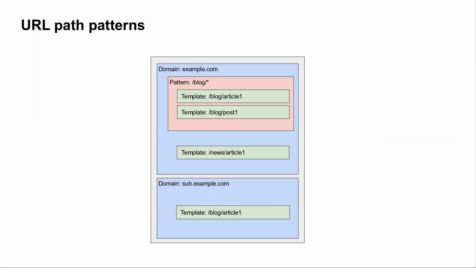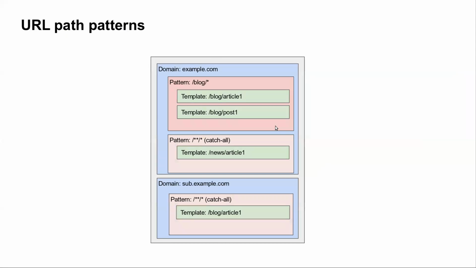For example, here we define a /blog/wildcard pattern. So any URL that looks like this is going to be assigned to this URL path pattern. And we always have in every domain a catch-all pattern in case we have not defined patterns or in case a given URL does not match any pattern previously defined.